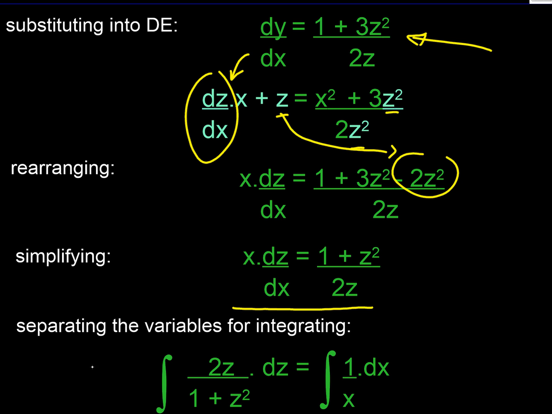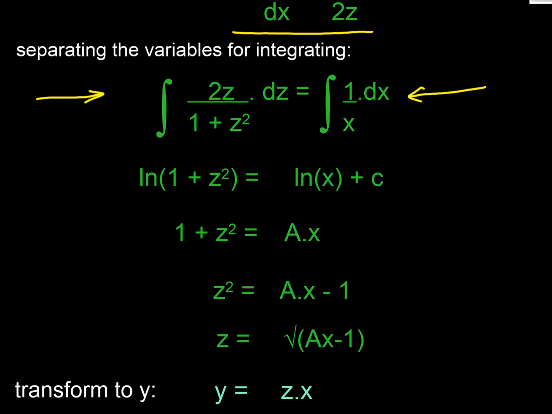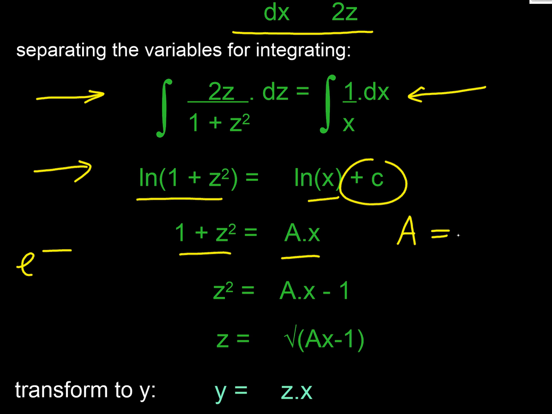So next line, I've put the z's on the left hand side, x's on the right hand side. I integrate that. I'm going to have a ln on the left hand side, I'm going to have a ln on the right hand side, and don't forget your c. And therefore if I power up this equation, so those become the powers, then I get 1 plus z squared equals some constant times x. Remember, I've just changed a to be equal to e to the c.